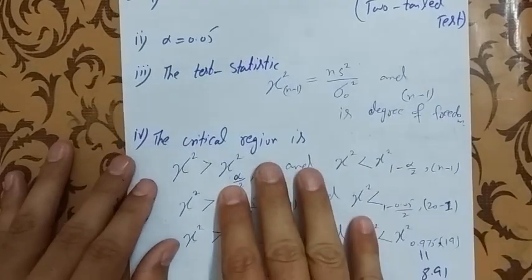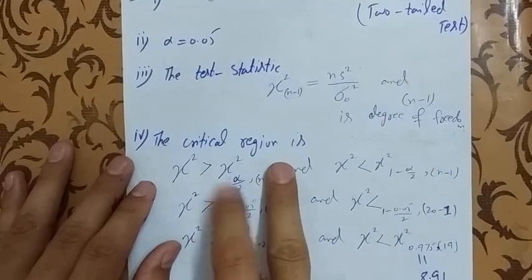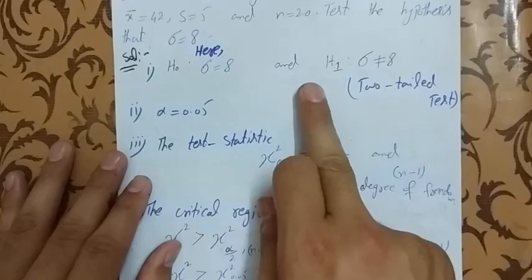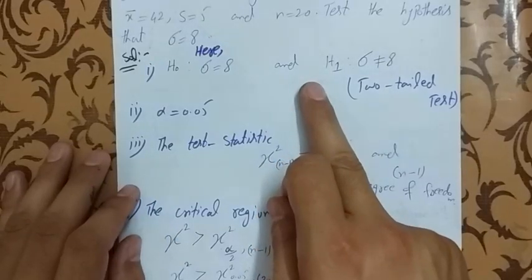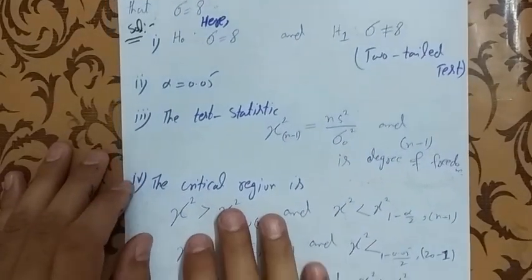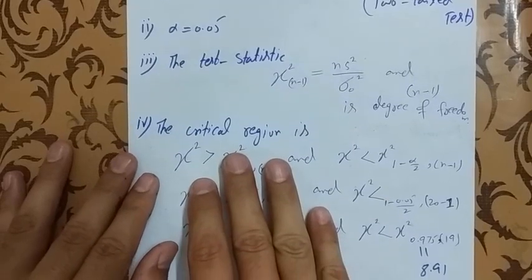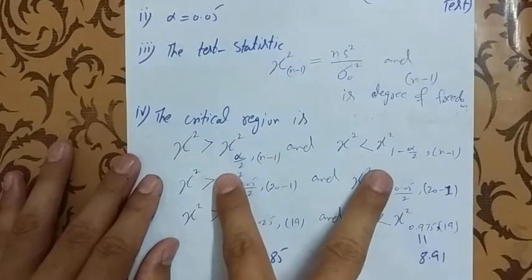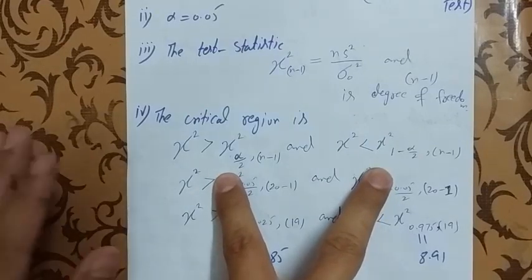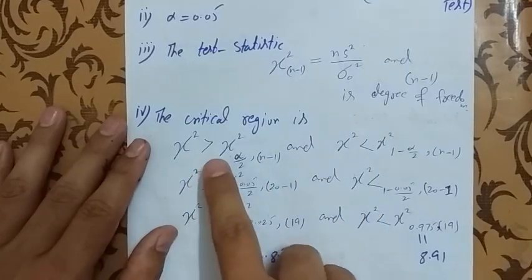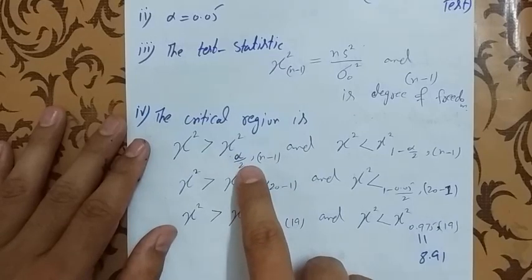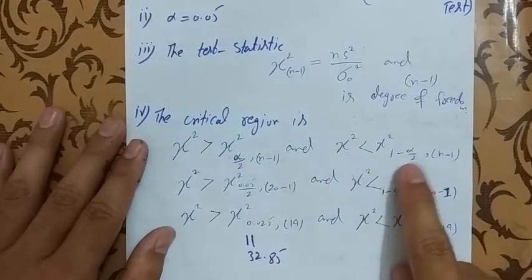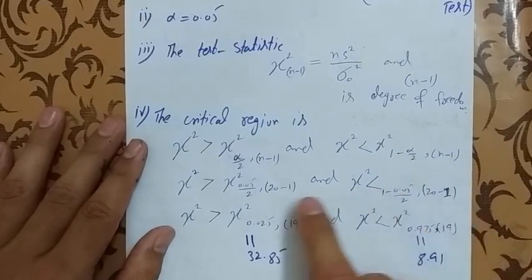The critical region: here we use a two-tail test from the first step, and in the fourth step we use the first possibility for the critical region, which is chi-square greater than chi-square alpha by 2 comma n minus 1 and chi-square less than chi-square 1 minus alpha by 2 comma n minus 1.